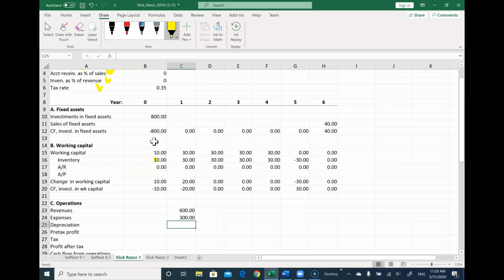Okay. Now, part A. The part A is basically the investment in the fixed asset, right? And as you know, this is basically cash flow from investment. So in year 0, the company purchased the capital asset of $800 million, right?